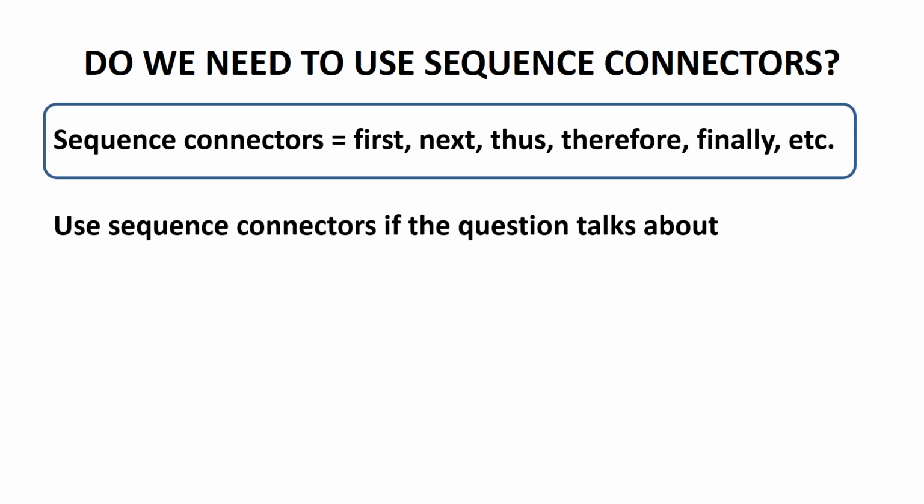Sequence connectors can be used if the question talks about steps taken for an activity. For example, SPM 2015 is about steps taken to make the cups breathing again. That one you can use sequence connectors.